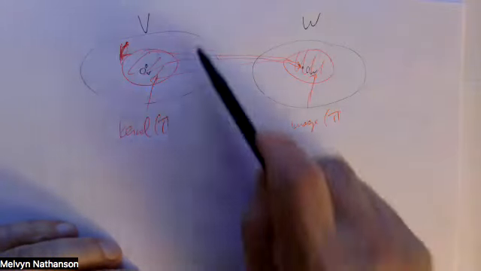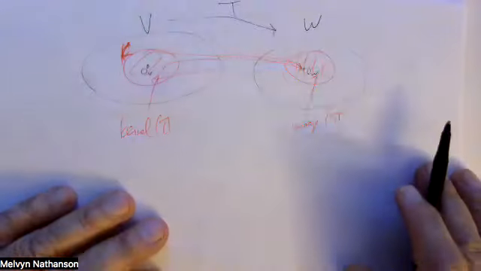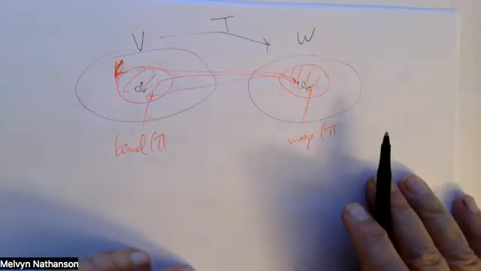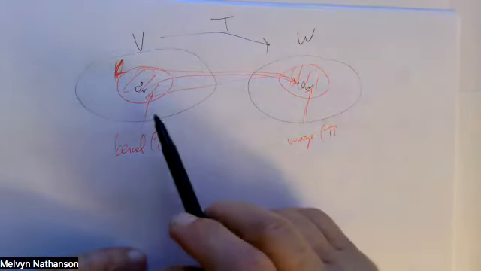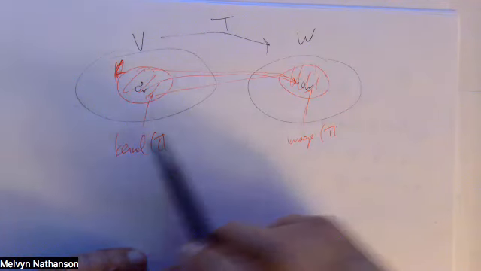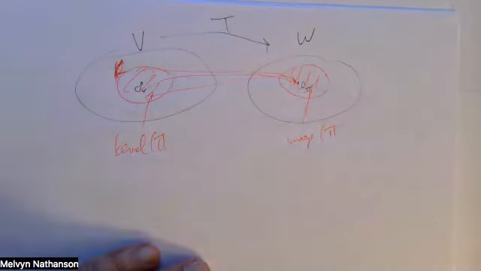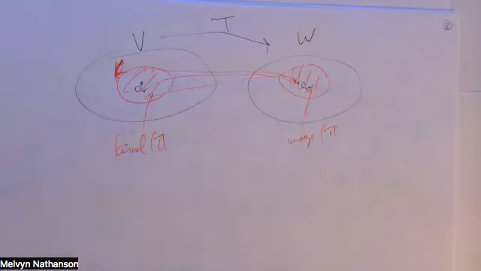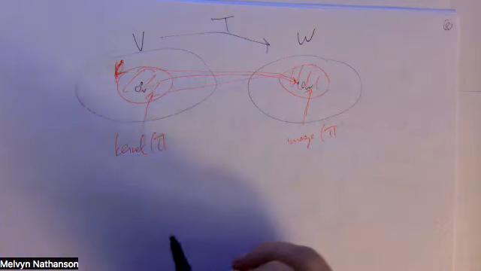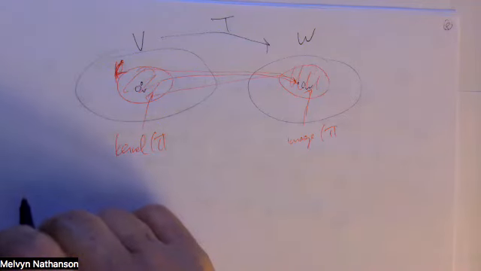So I actually have now two vector spaces, V and W. And whenever I have a linear transformation T from V to W, that defines a subspace of V, which is the kernel, and a subspace of W, which is the image of that linear transformation. And there is a relationship between these, which is the following.